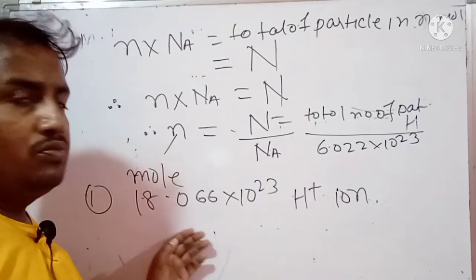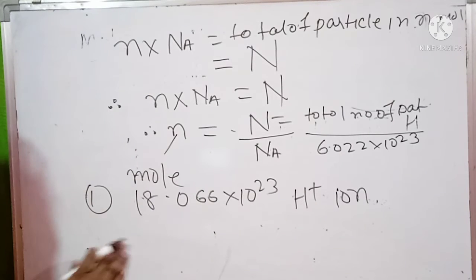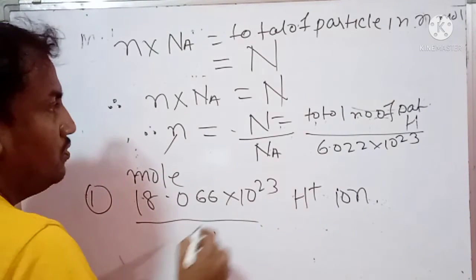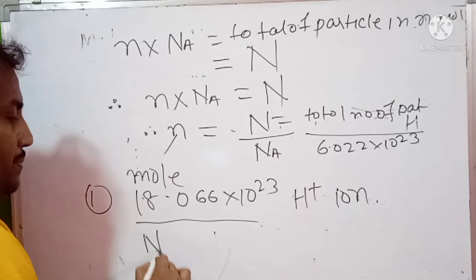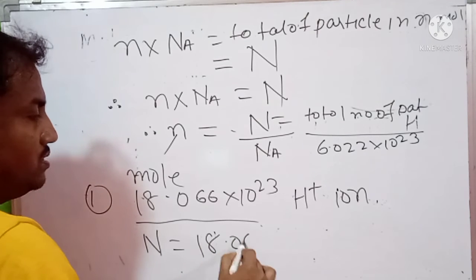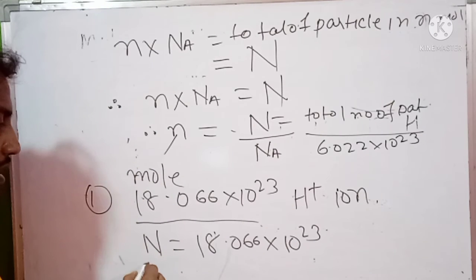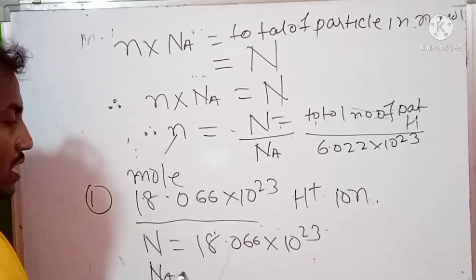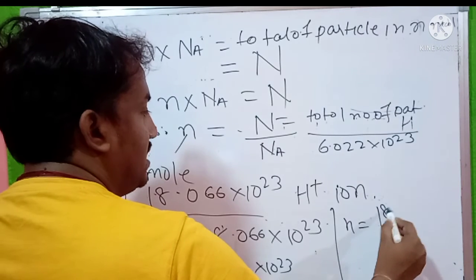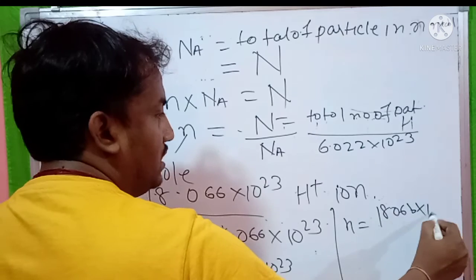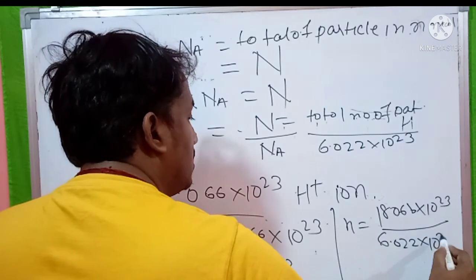We have to find how many moles of H plus ion are present in the sample. Here the value given is the total number of particles, so capital N is 18.066 into 10 raised to the power 23, and the Avogadro number is 6.022 into 10 raised to the power 23. Moles is 18.066 into 10 raised to the power 23 divided by 6.022 into 10 raised to the power 23.